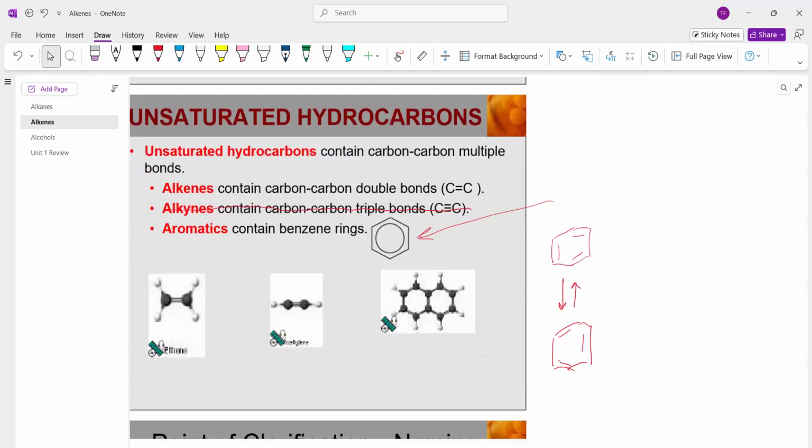So, unsaturated hydrocarbons are a combination of single and double bonded carbons.